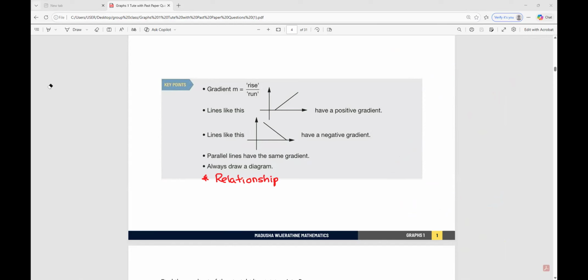Relationship between gradients of perpendicular lines.